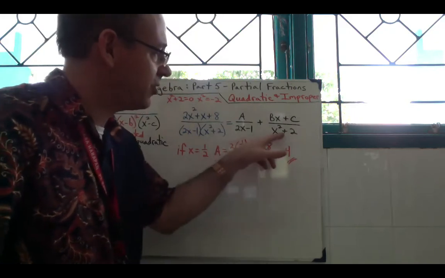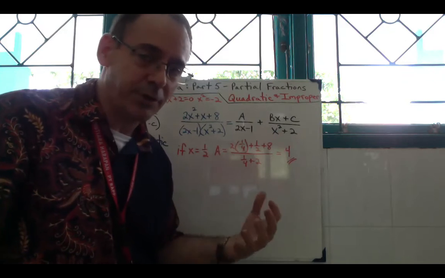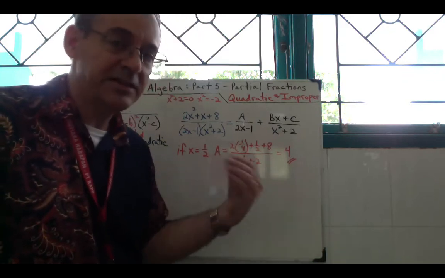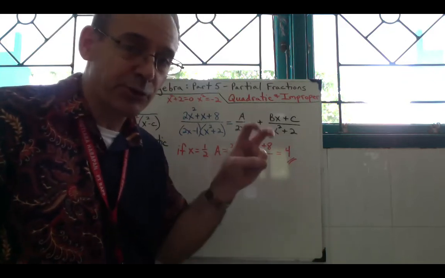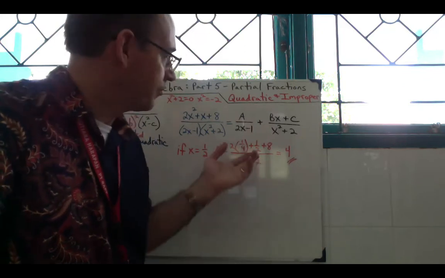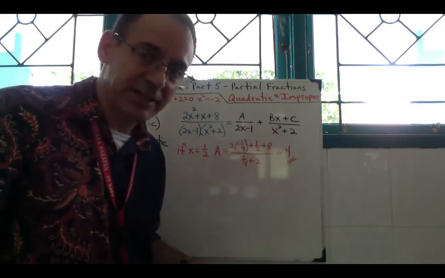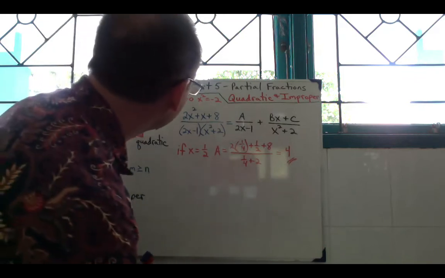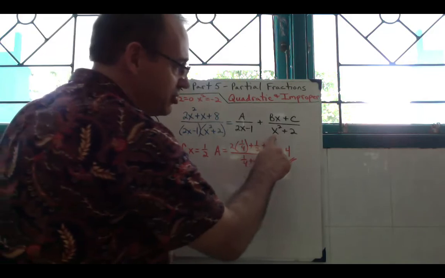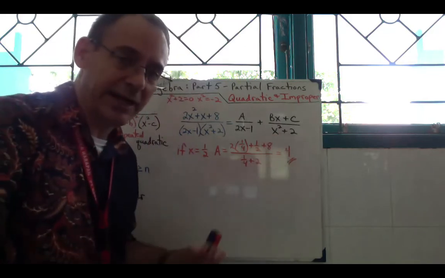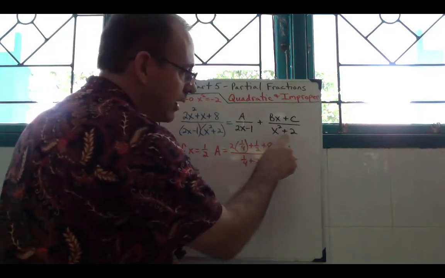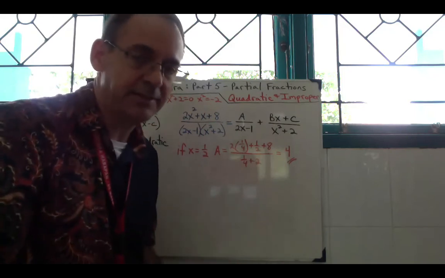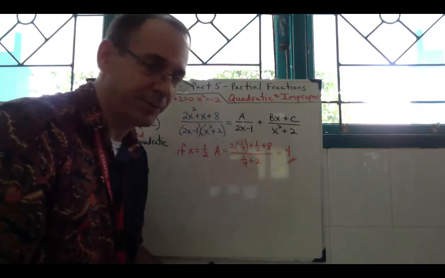So this was what's called an irreducible factor. It doesn't actually have a real solution to it. Both solutions are actually imaginary, and we're not dealing with complex numbers right now. So you should be able to recognize that right away. Anytime you have an x squared plus something, it's going to be irreducible.